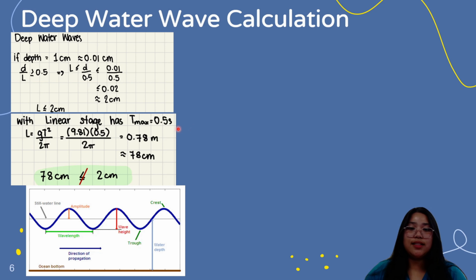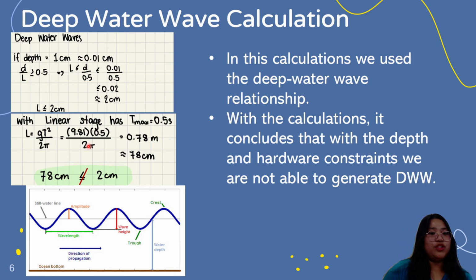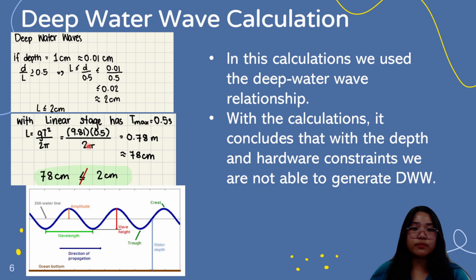So we calculated the minimum wavelength that we can generate using this linear stage, and we found that it is 78 centimeters, which is definitely not less than or equal to 2 centimeters. So this calculation concludes that with the depth and hardware constraints that we have, we were not able to generate deep water waves.